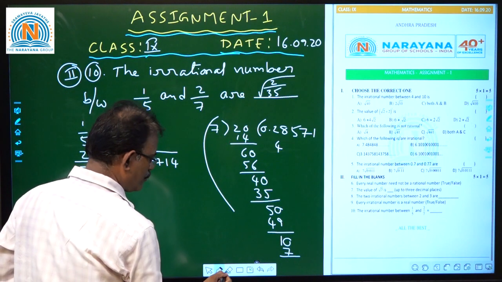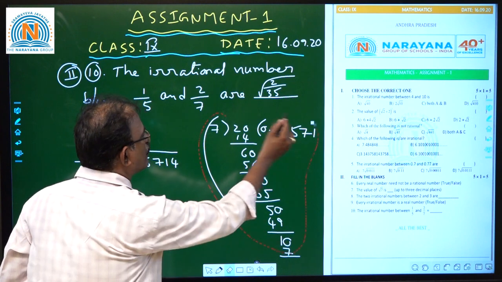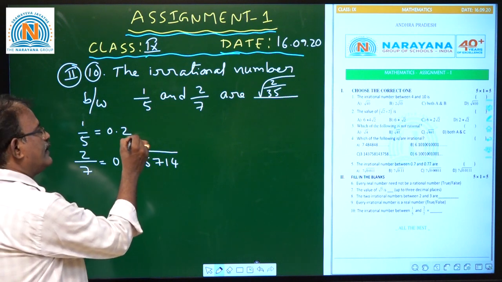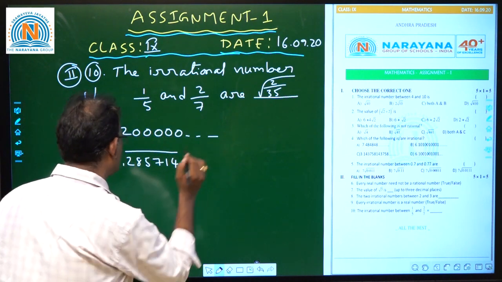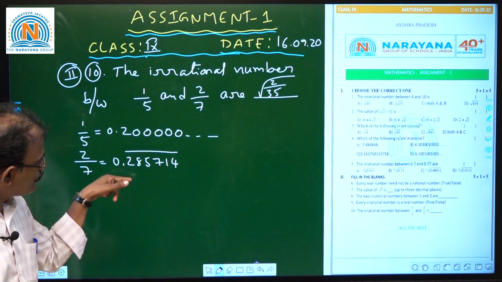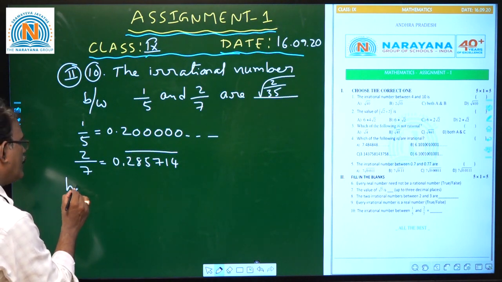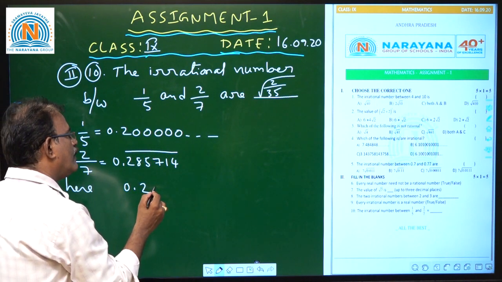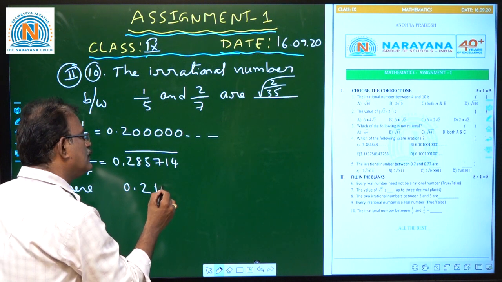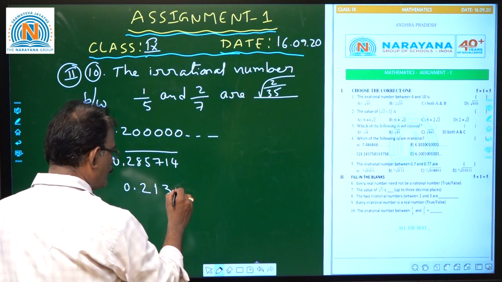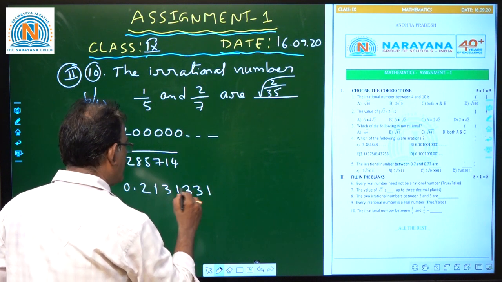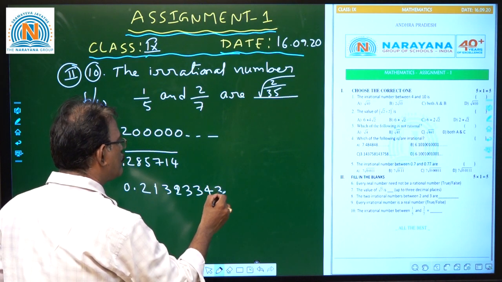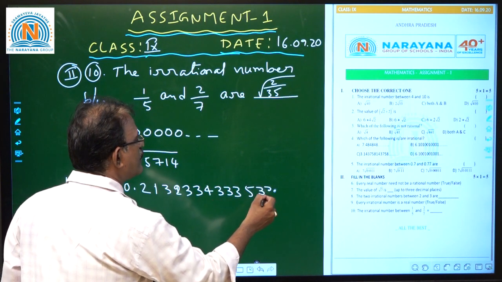So if you are trying to write, here it is between 0.2 and 0.28, say for example 0.2 1 3 1 3, otherwise 2 3 4 3 5 4 3s.